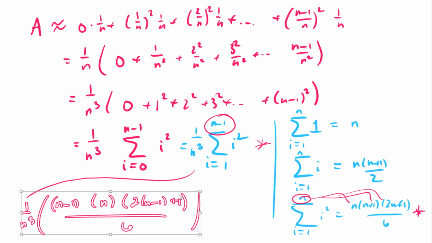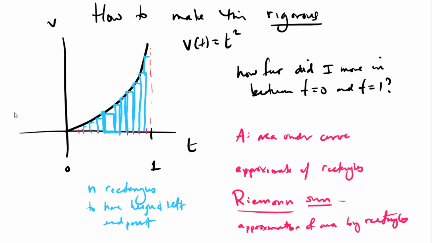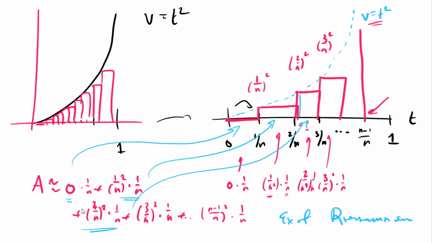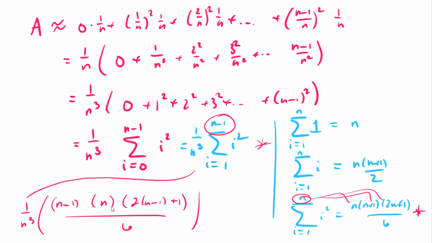So let's think for a second about what we actually did here. We took this graph where we were trying to approximate the area by rectangles, and then we wrote down a geometric expression for what the areas of those rectangles were, and then we've turned that into this algebraic formula right here.